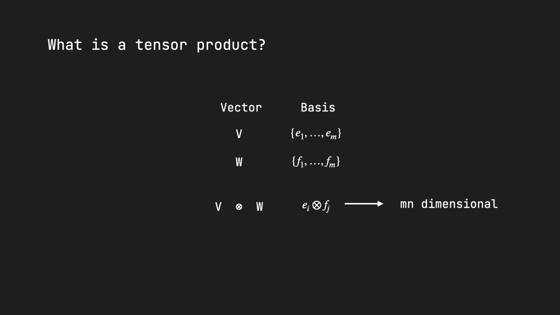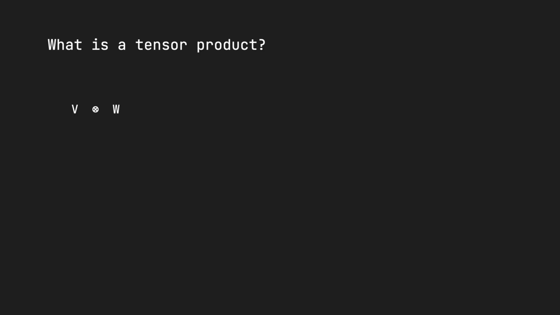So it's the product of the dimensions of V and W, and that's the dimension of this new vector space. Here's an example of the combination of their bases, E1 tensor product with F1, and it goes on and on. Now let's look at a concrete example of actually combining both of these vector spaces.